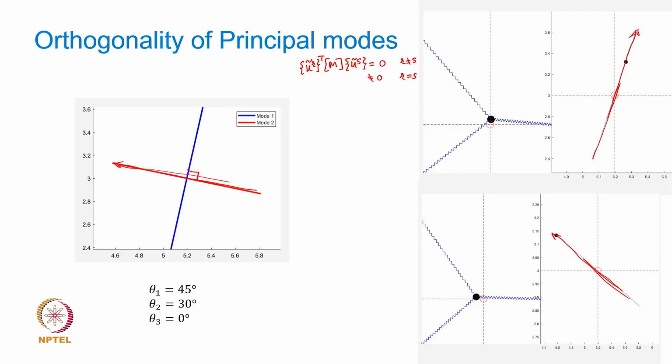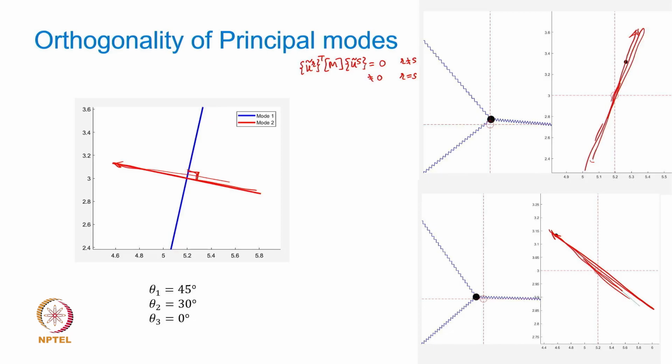It is possible to show geometrically they are at 90 degrees. The first mode motion and the second mode motion in the xy plane can be shown orthogonal to each other. You can verify that by the values that have been used for their individual modes.